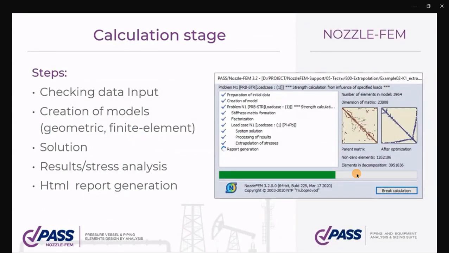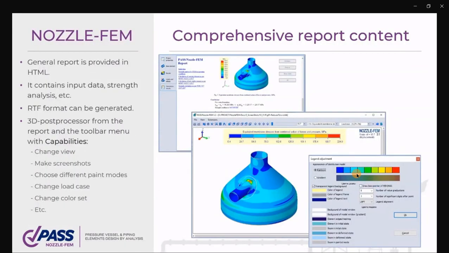Calculation stage. After creating the model and the load application, the program checks input data, creates geometric and finite element models, performs the calculation, and outputs results of stress analysis. Report.